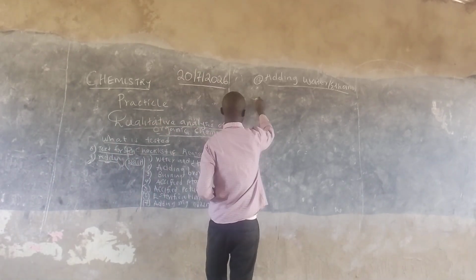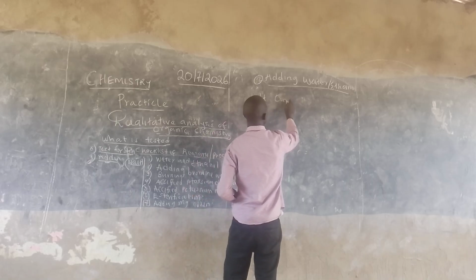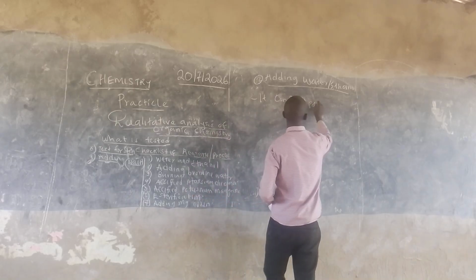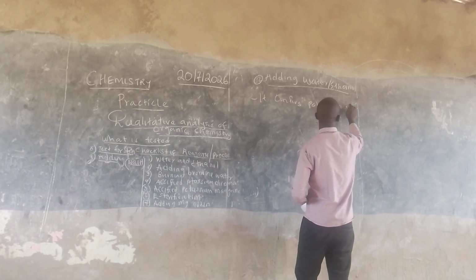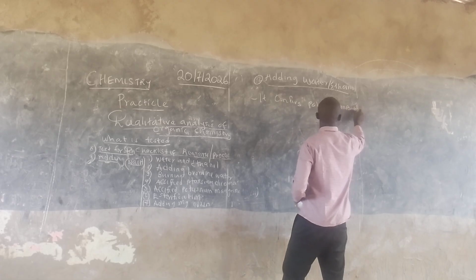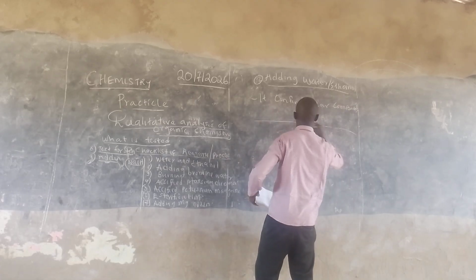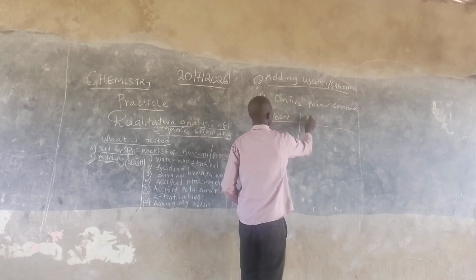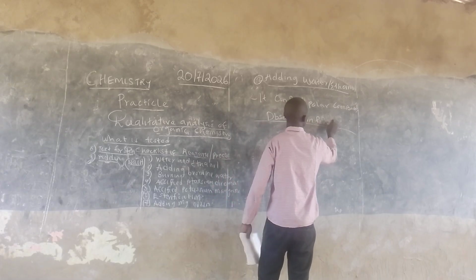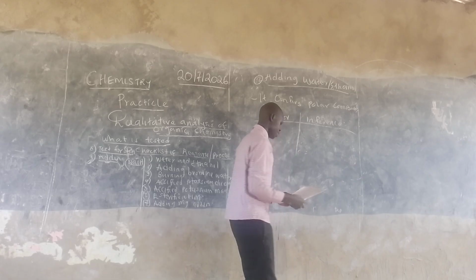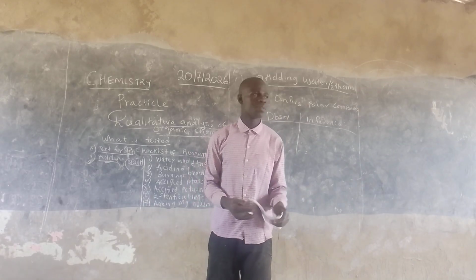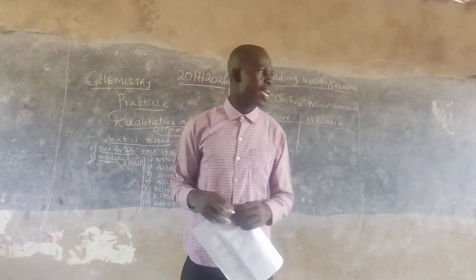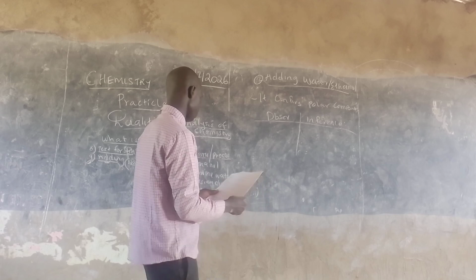So it confirms polar compounds. Here we have our table, the same way we have the observation and the inference. Now students, here we have different observations that we can get when we are in the laboratory.